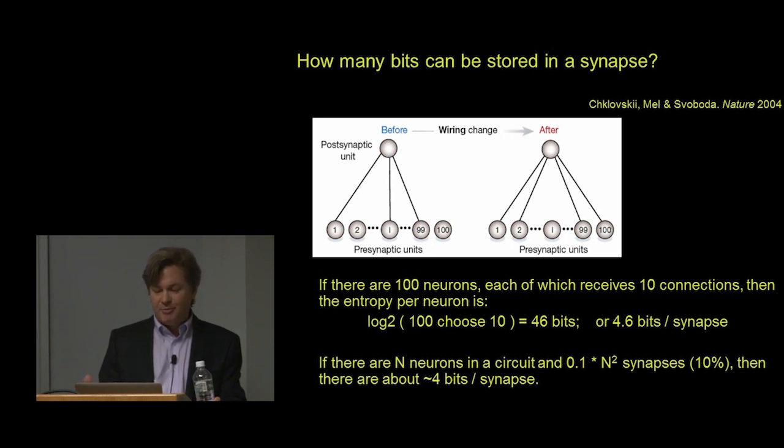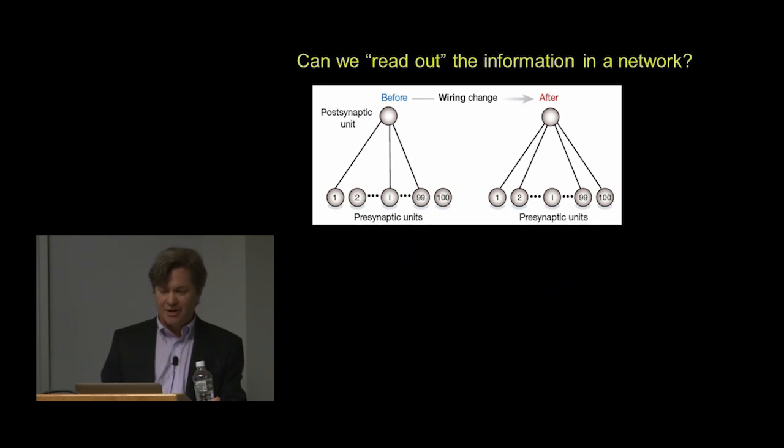So how much of this information capacity is used, and can we decode it? I wanted to put a slide in, but ran out of time. In a cubic millimeter of cortex, there are 100,000 neurons and a billion synapses. So in all of visual cortex of the mouse, there are roughly 5 or 6 giga-synapses, at 4 bits per synapse.